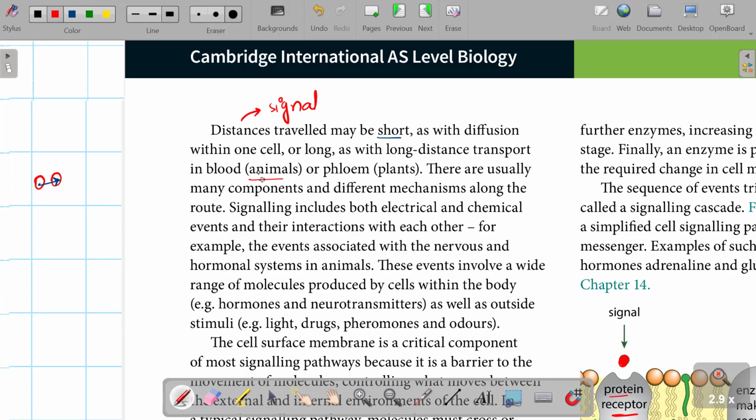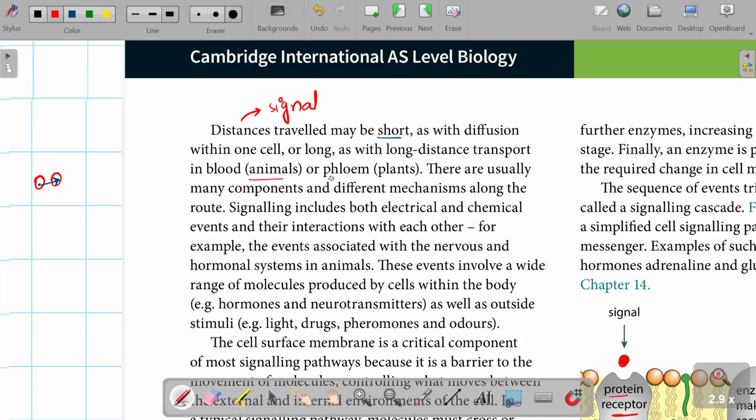Say there is a need of a change in the kidneys, but the signal will come from the brain. I'm giving you an example from your CNS, central nervous system. There is a large distance for a signal to transfer from your brain to your kidney. So sometimes a signal has to cover a longer distance.